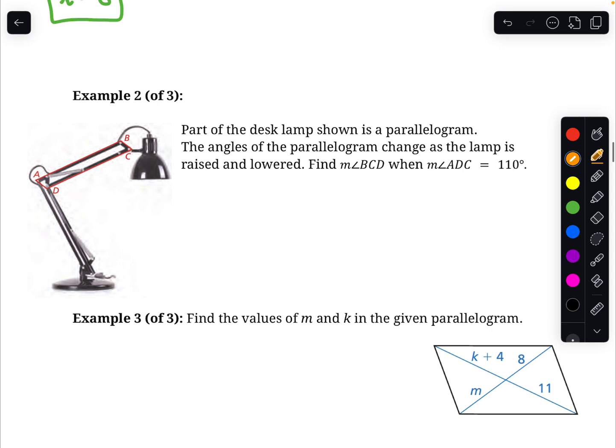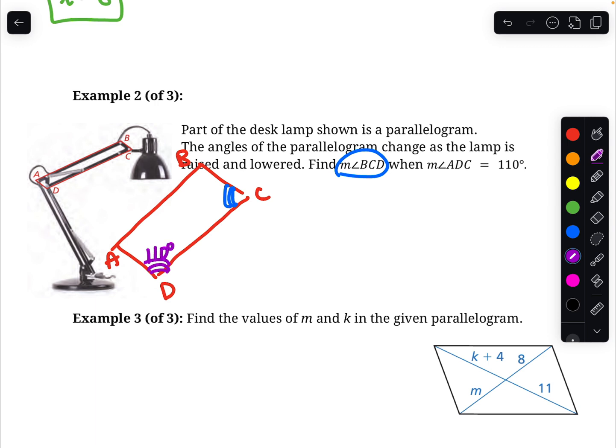Next one, part of a desk lamp is shown as a parallelogram. I'm going to draw this out a little bit bigger in case it's hard to see in your notes. A, B, C, D, and that shape kind of changes the angles as it is raised and lowered. I want to find the measure of angle BCD when angle ADC is equal to 110.